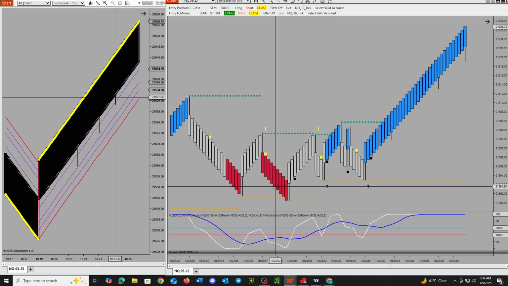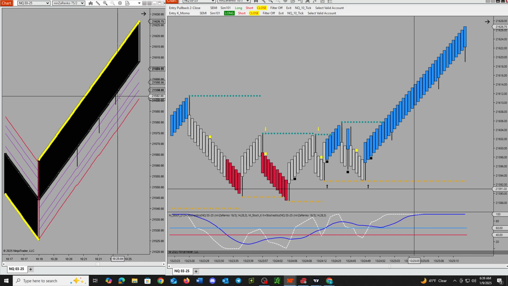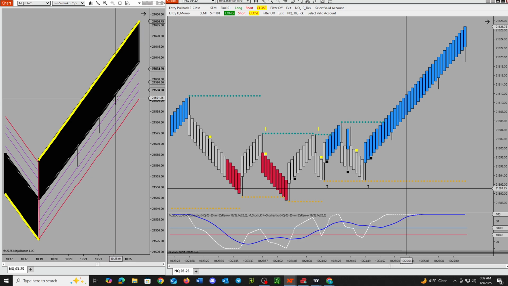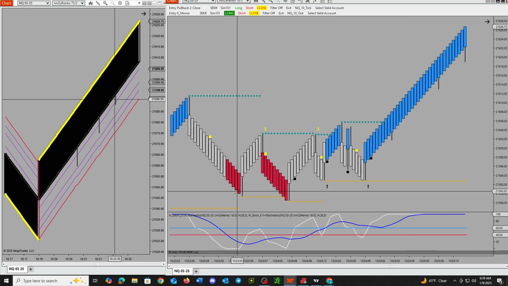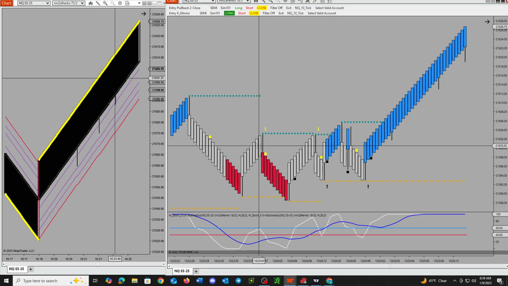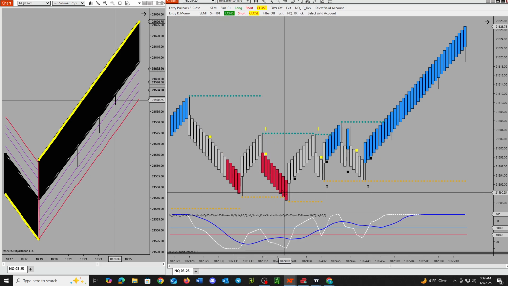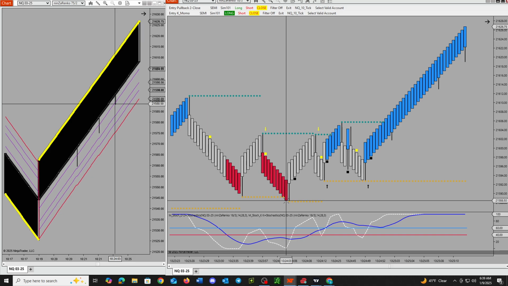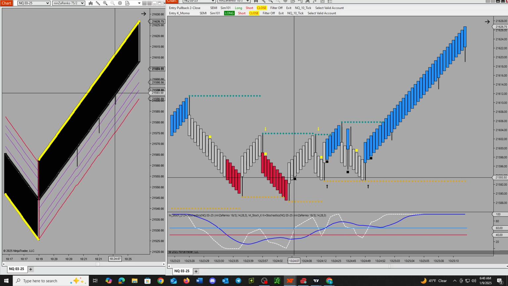It doesn't break. What you can't see is where this John Wick breaks right there. It doesn't really break until, you know, right in here. So you would activate your long. It wiggles around a little bit and finally crosses that threshold right there, and then you get your entry here.